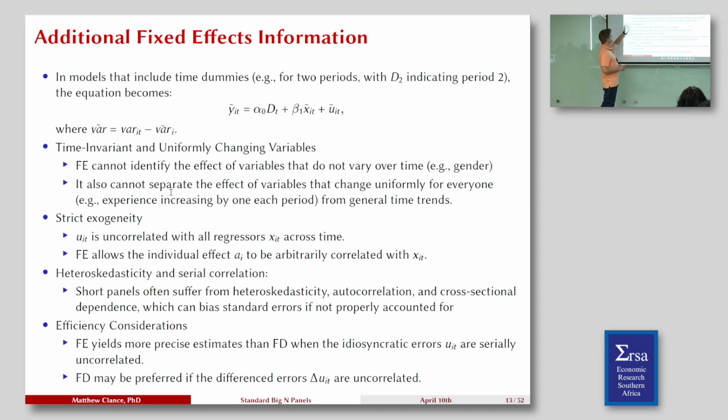In terms of time-invariant and uniformly changing variables, FE cannot identify the effects of variables that do not vary over time. We've already said that with the first differencing. But this is where we actually can maybe do something about that.